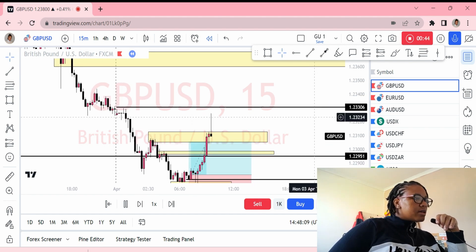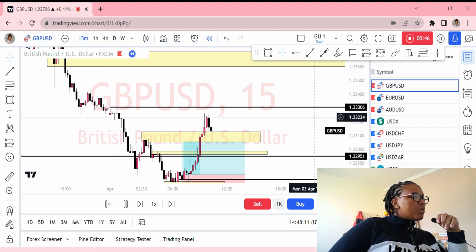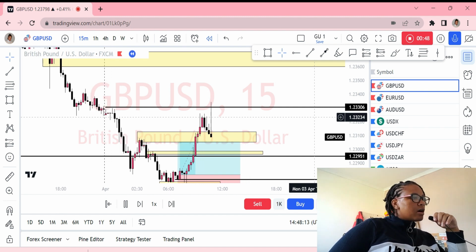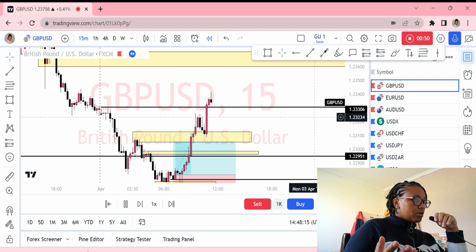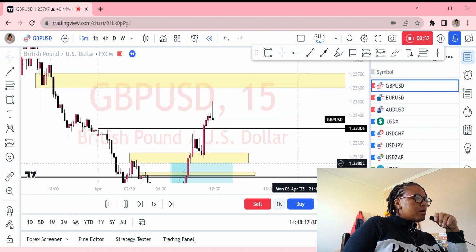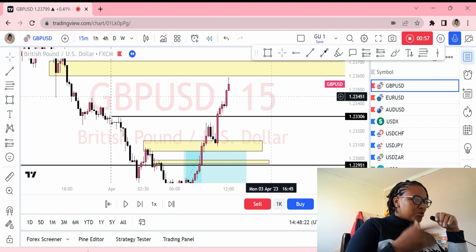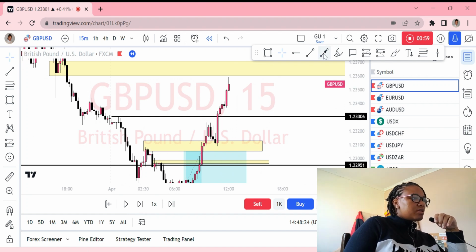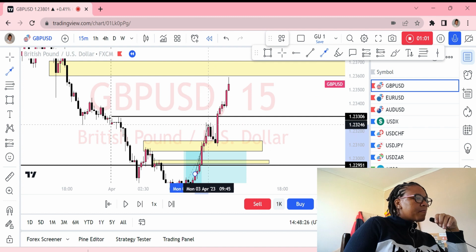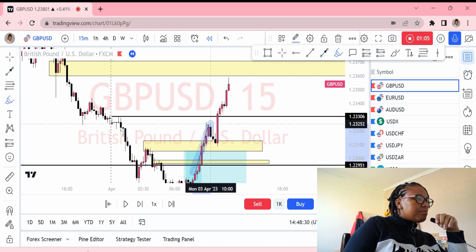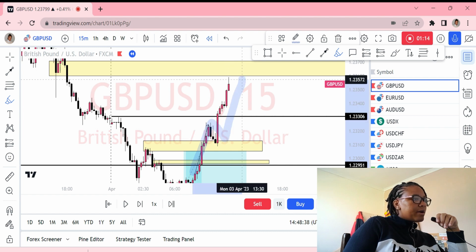Next candlestick hit take profit, and when market hit take profit, we were all watching, right? And then market did the typical, well, I also anticipated this being one of the things that would be happening. Market coming up, breaking an area of resistance, coming down to retrace it, and then going back up.